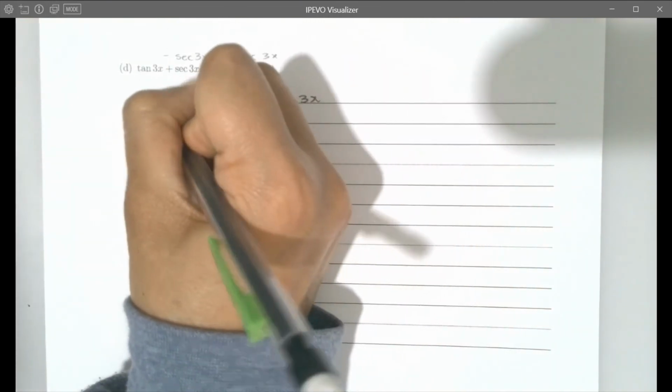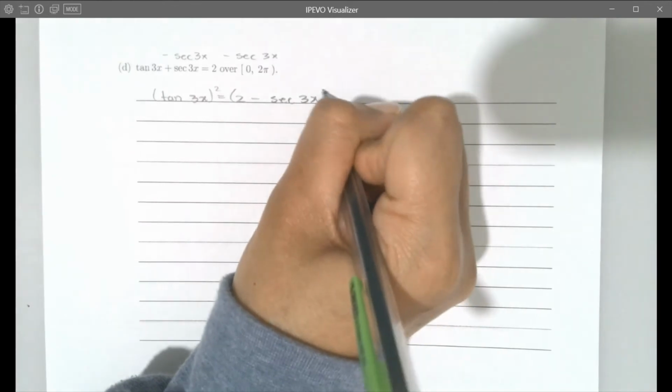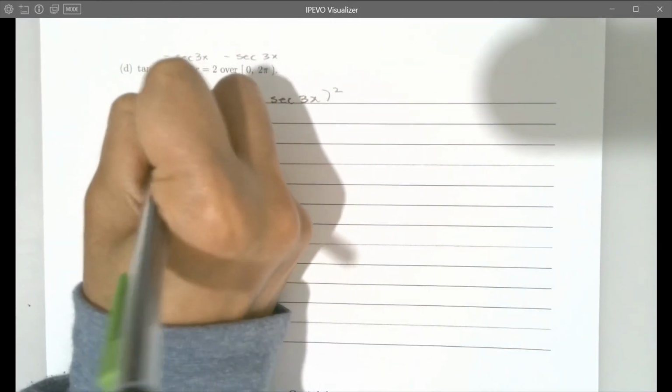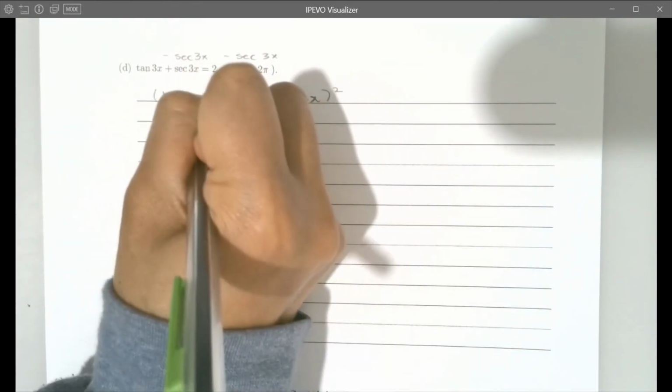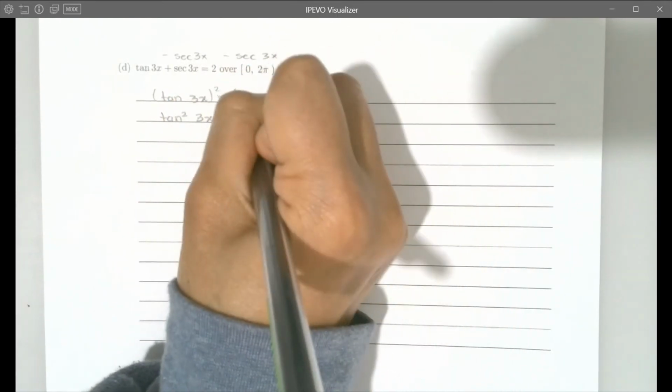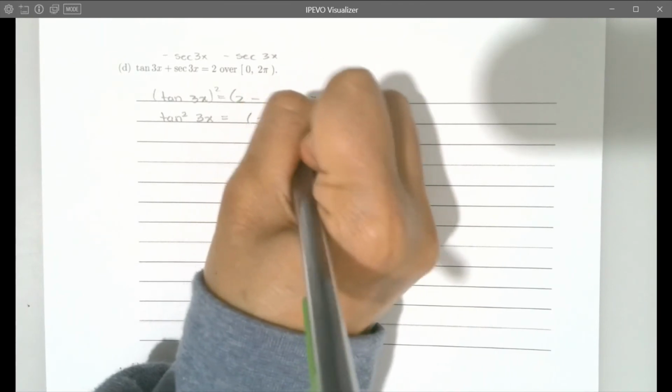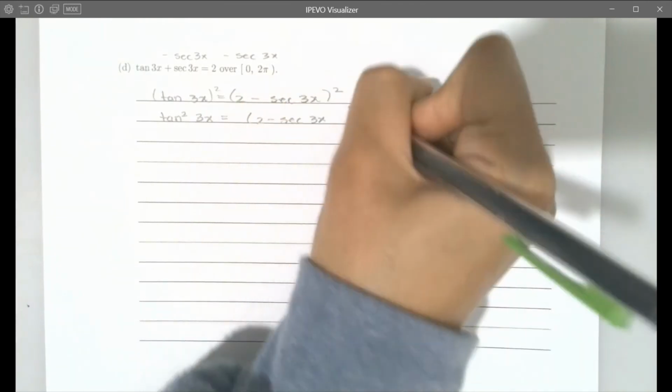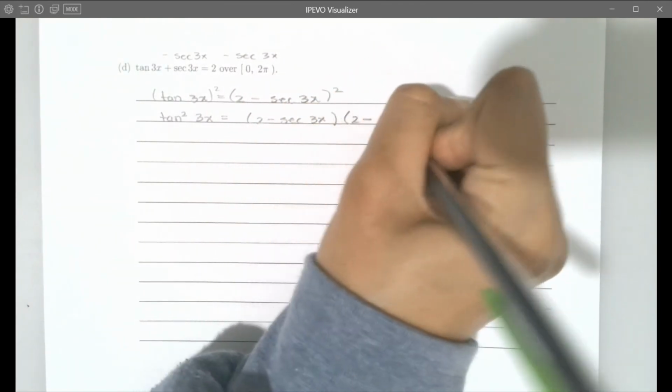And if we square both sides, we're going to get tan squared of 3x is equal to 2 minus secant 3x times 2 minus secant 3x.